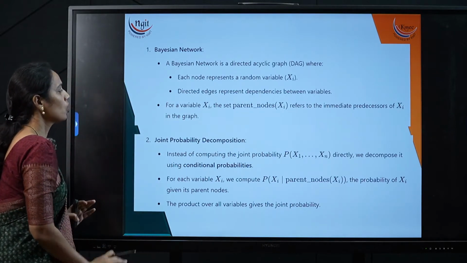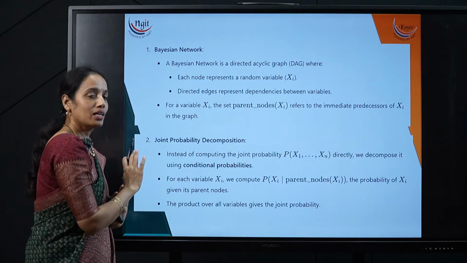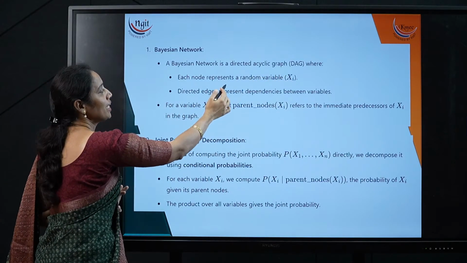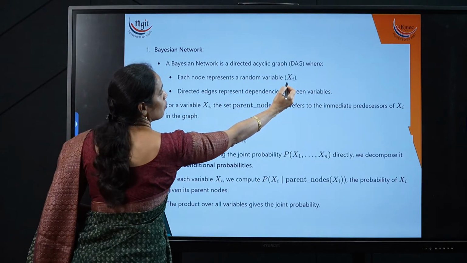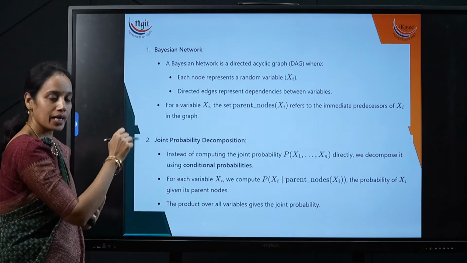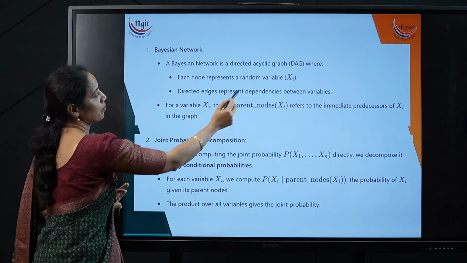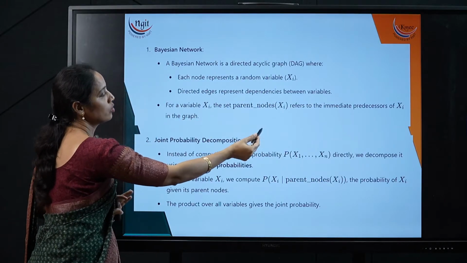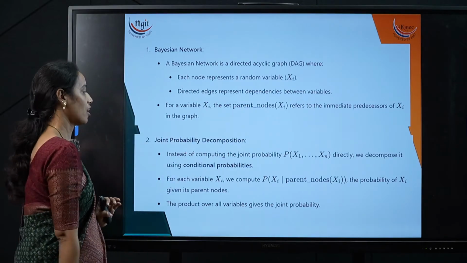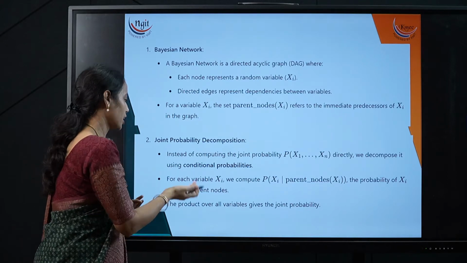To implement that, we first know that a Bayesian network is a directed acyclic graph, simply called a DAG, where each node represents a random variable, xi, and the edges represent the dependencies between the variables. For each variable xi, the set of parent nodes refers to the immediate predecessors of xi in the graph. Next is the joint probability decomposition.